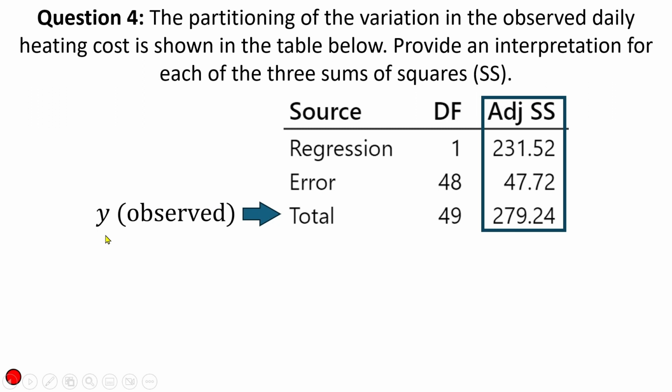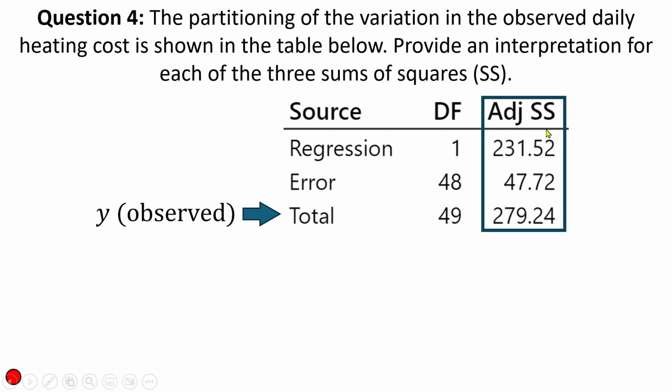The point is, we have observations, and those observations have some amount of variance. I keep saying variance. I have to be careful. Variance is one thing. What I'm talking about is variation, a measure of variation. You can think of it as a measure of spread, or even as a measure of uncertainty. So we have some variation in our observed y values. This number, the symbol is ADJSS.